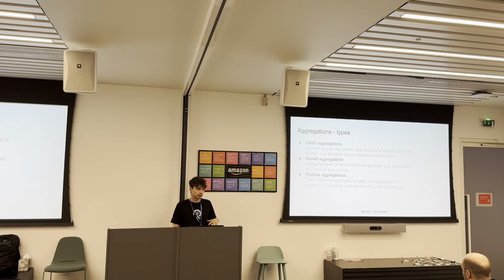In case you would like to do some more complex analytics, like cumulative sum or count derivative, you would have to pipe the result of one aggregation into another. So pipeline aggregations are quite complex, but in many cases quite useful as well.